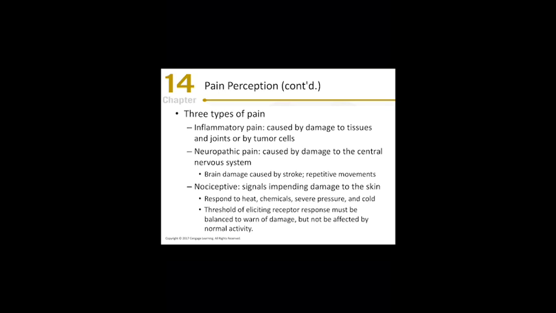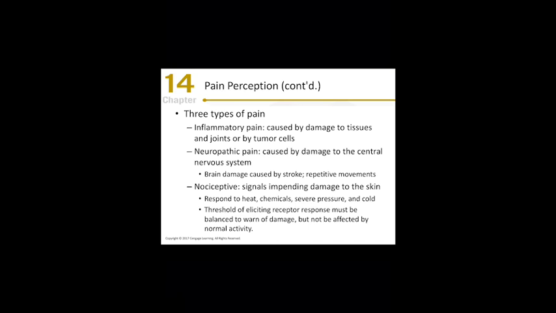And we're not going to talk too much about inflammatory pain or neuropathic pain. Neuropathic pain is where we see actual damage to the central nervous system, which can be caused by, for example, stroke in the brain. It can be caused by repetitive movements.